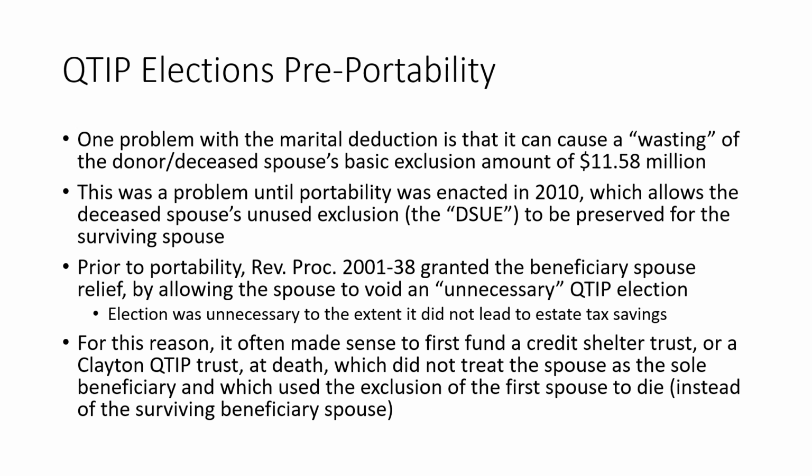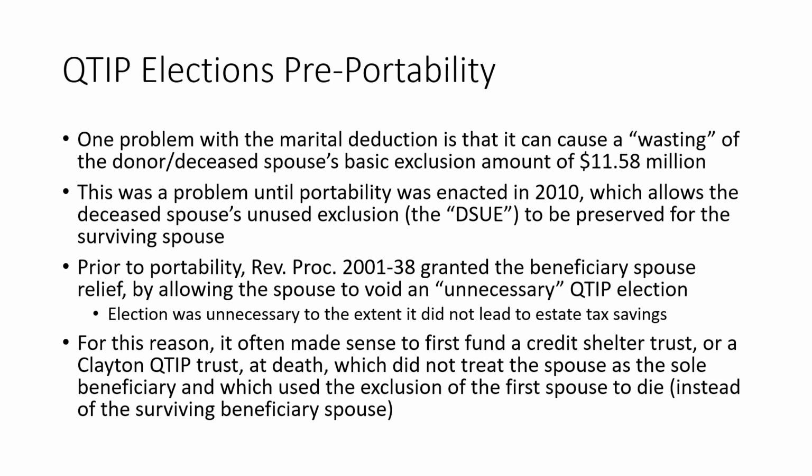Now, prior to what was known as the portability election, a problem with the marital deduction and the QTIP election in general is that when overused, it could cause a wasting of the donor spouse's or deceased spouse's basic exclusion amount, which is now a whopping $11.58 million and will increase to $11.7 million in 2021.